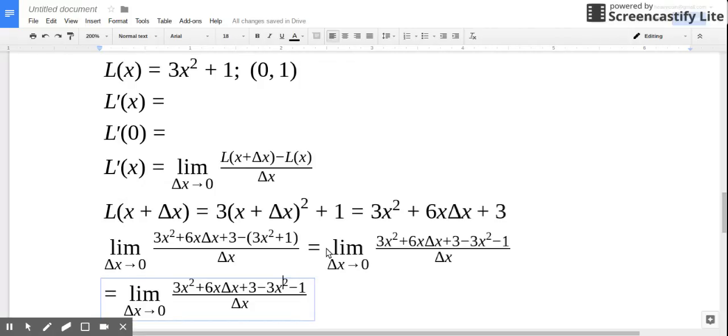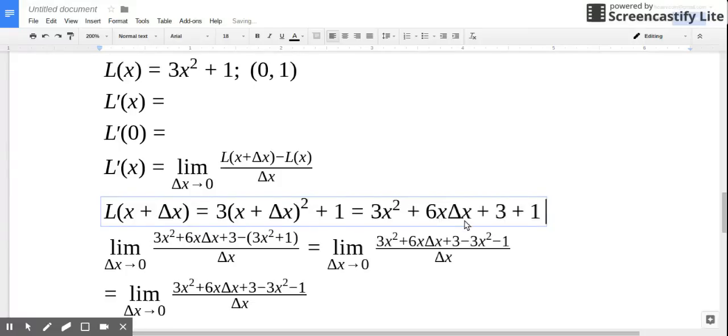Something is fishy in St. Louis here. I'm trying to figure out what it is. Oh, I see what it is. So you might have been screaming at me. There should have been a plus 1 right here on the end, because this is all of this piece here, then the plus 1.